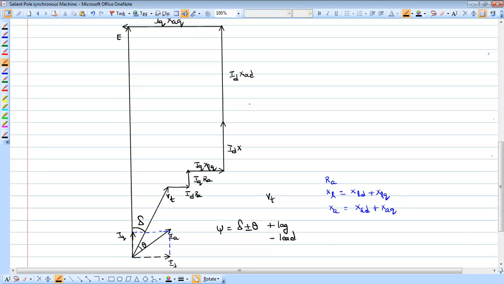So further, I am simplifying this phasor diagram. If you observe it, it seems to be somewhat clumsy, right? That's why I'm going to simplify it.